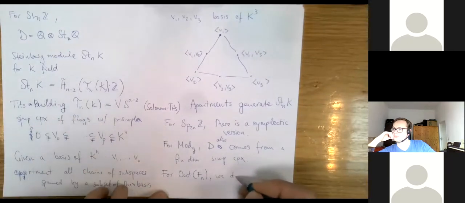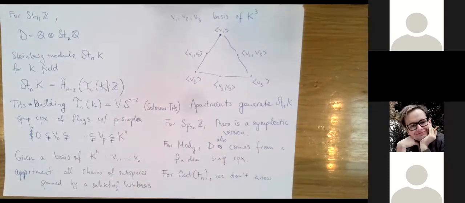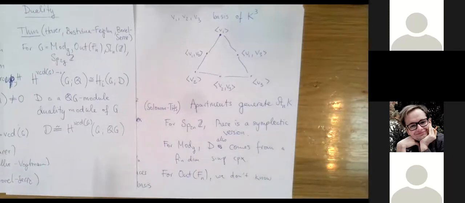We don't know. So Peter, there are two parts in these theorems. One is whether there is such a duality, and the other is whether we can identify the module, right? Yes, Natalie points out that there are two parts in this theorem.